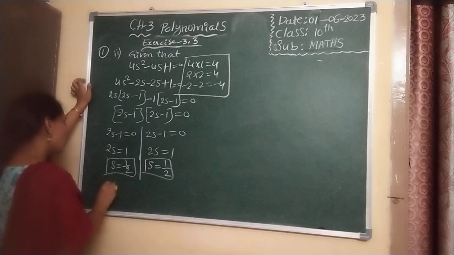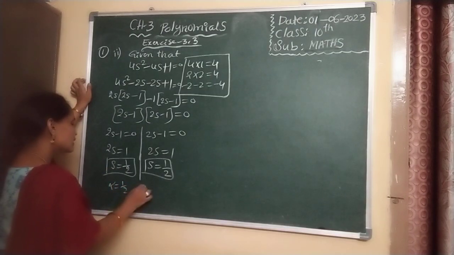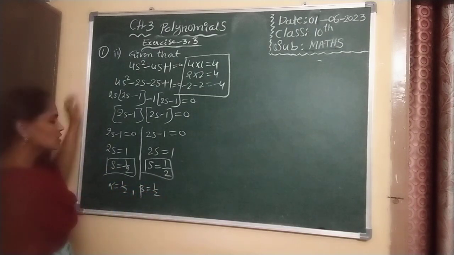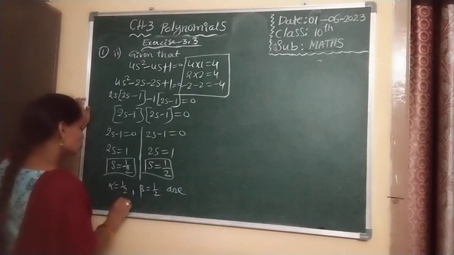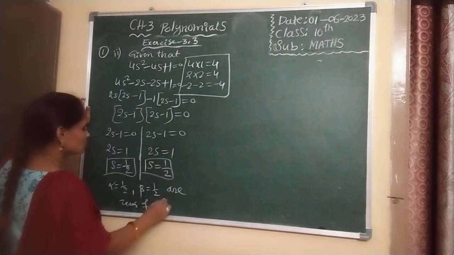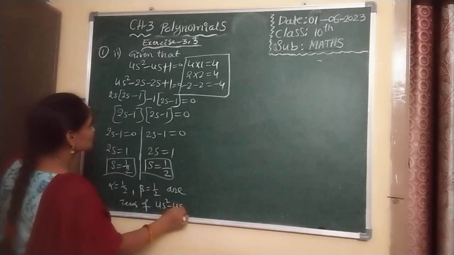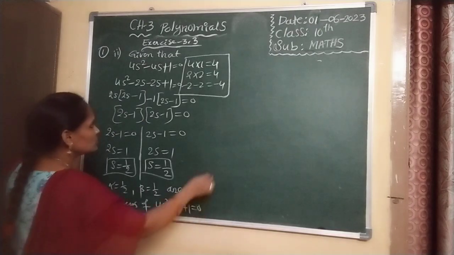So alpha is equal to 1 by 2, beta is equal to 1 by 2. These are the zeros of 4s square minus 4s plus 1 is equal to 0.